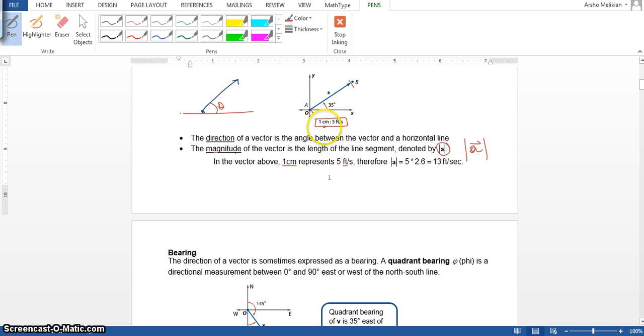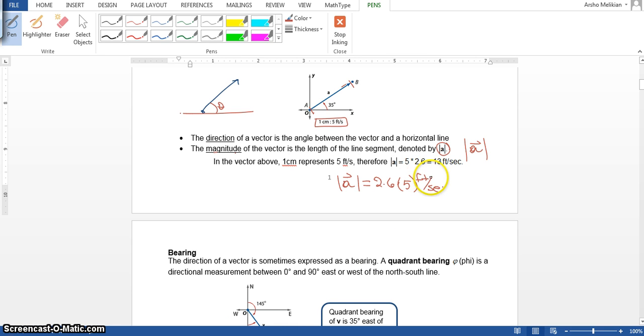It says that every centimeter is 5 feet per second. So if you took a ruler and measured this, it turns out that it's about 2.6 centimeters. Meaning, this vector represents a quantity equal to 2.6 times 5, because each centimeter is 5 feet per second.